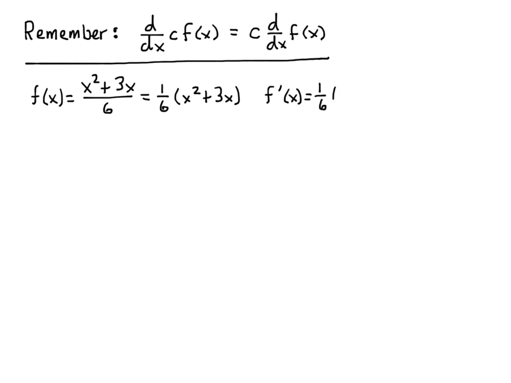And so we can take the derivative. It's going to be 1/6 times 2x plus 3. And if you want, then you can distribute back that 1/6, then you get 1/3 x plus 1/2. So really the substantial work, if you want to look at where the real substance is, is to recognize that the rational function in the beginning is really just a polynomial with a coefficient that's distributed through it. The coefficient being 1/6.